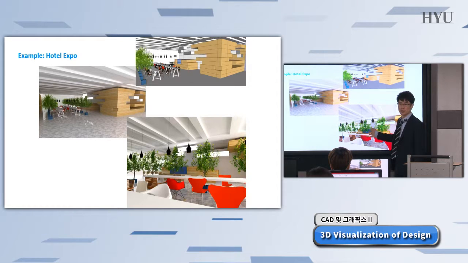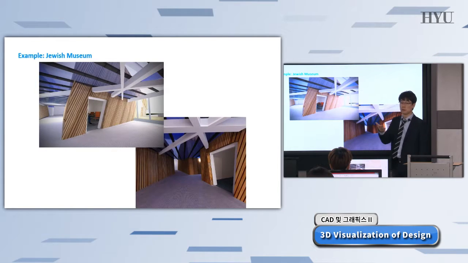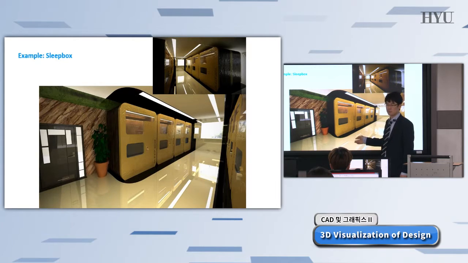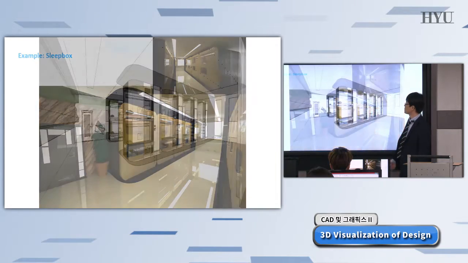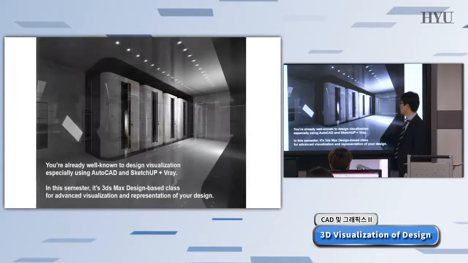Even freshmen, in the first semester of our department, could do something like this visualization. You remember this kind of project, a series of projects, okay? Rendered by V-Ray in SketchUp, based upon this kind of computational model, according to the pictures given by me.